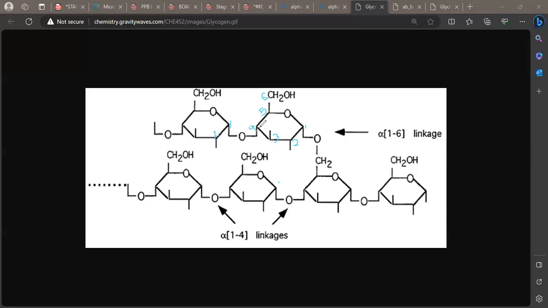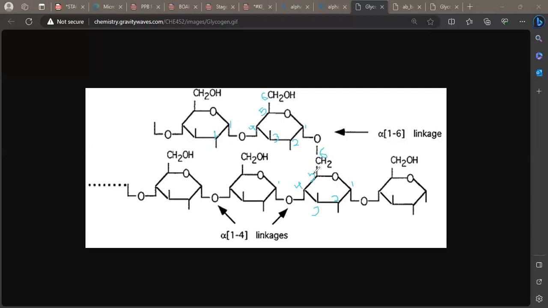Lower right side. Yeah, this one. So this is where you number this. Yeah, that is number 6. Okay. 1, 2, 3, 4, and 5. Yeah, that makes sense.